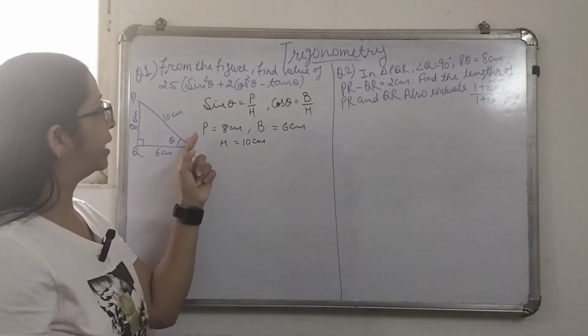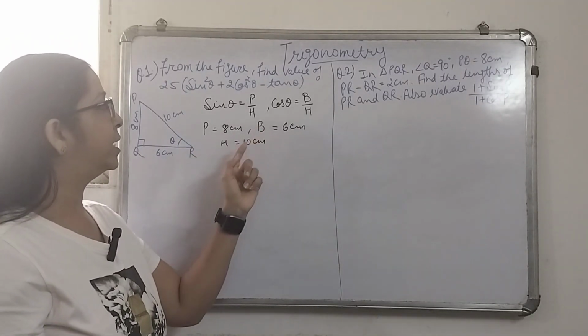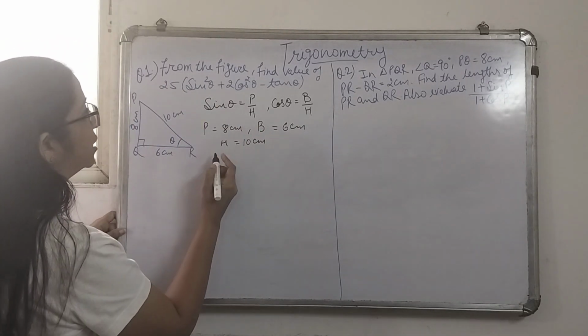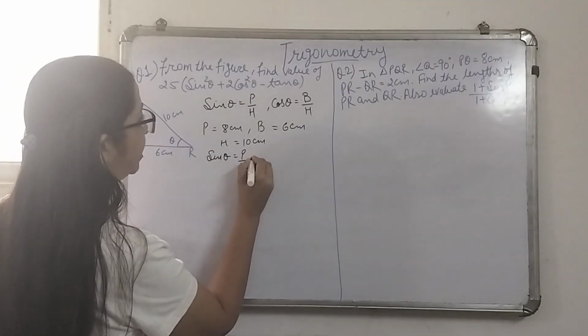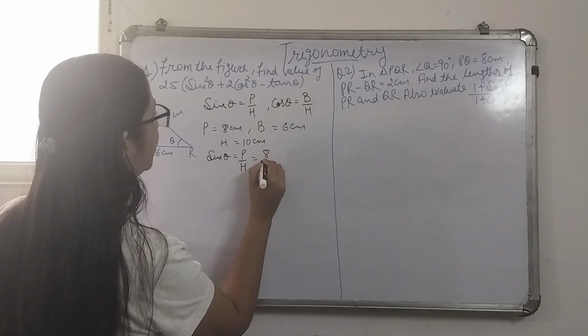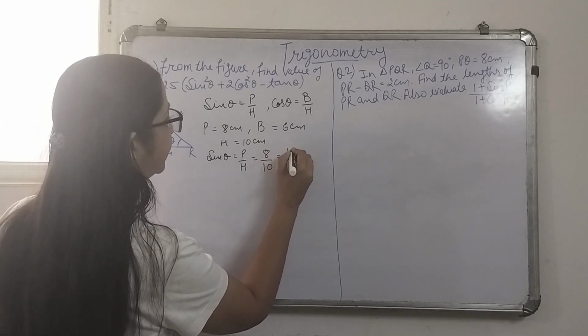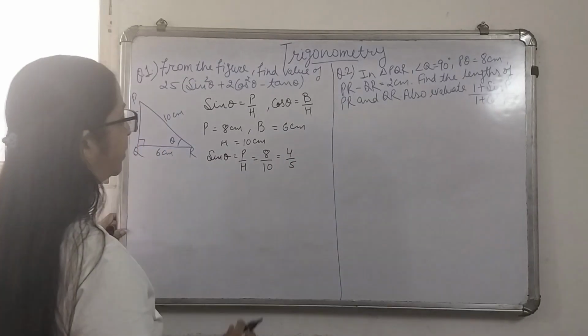So when we have the values of perpendicular, base, and hypotenuse, we can find the value of sine theta. Sine theta will be perpendicular over hypotenuse, that is 8 upon 10, or we can say it as 4 upon 5.